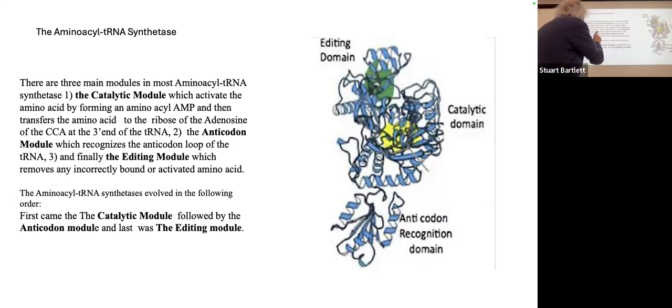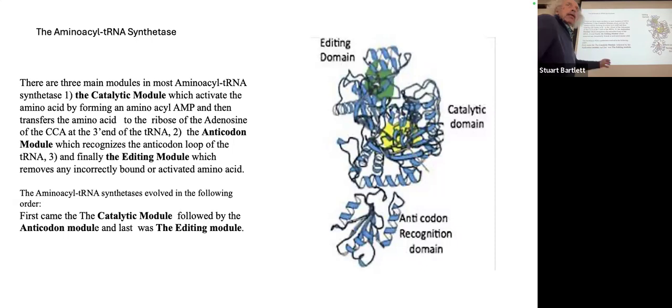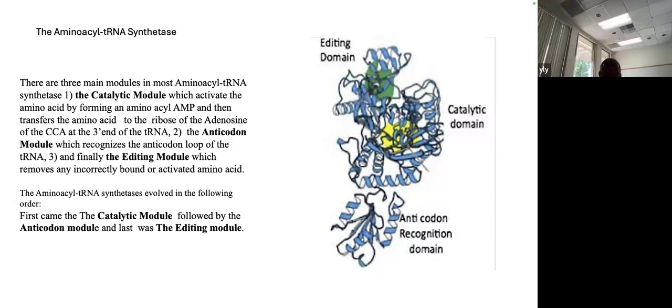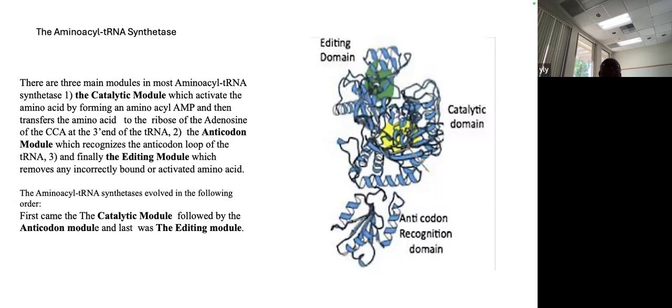Then therefore, it's got to recognize something in the tRNA, which at that point is very primitive. In fact, it may only be the CCA plus the discriminator site. The second thing is it moved from the arm of the tRNA, from the GC code, into the anticodon module.